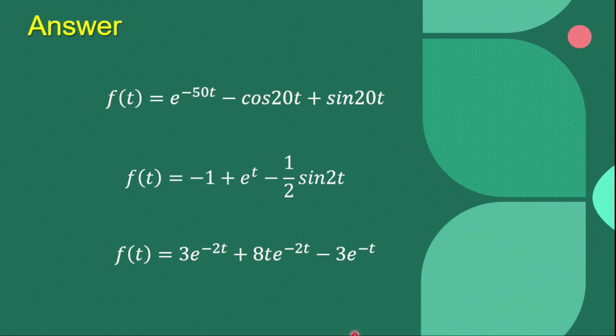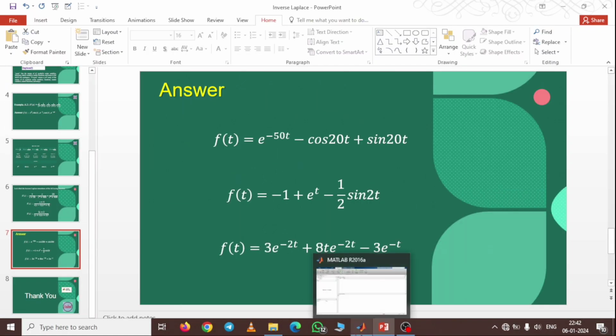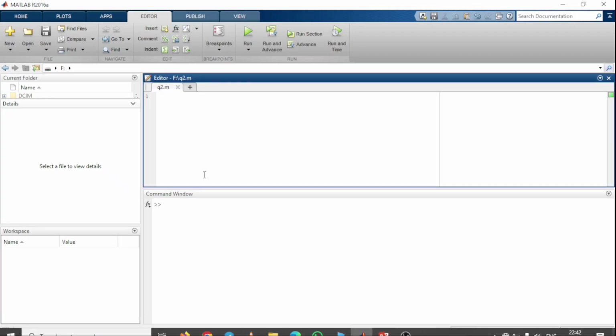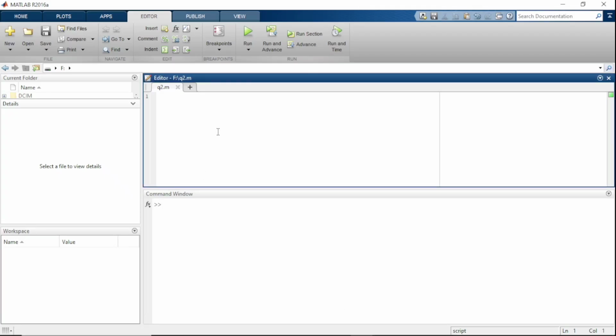Let's go to MATLAB. So this is the interface of MATLAB. First we will start with the 2 by s cube function. Let's start with syms, and we have to define the variable, that is s.